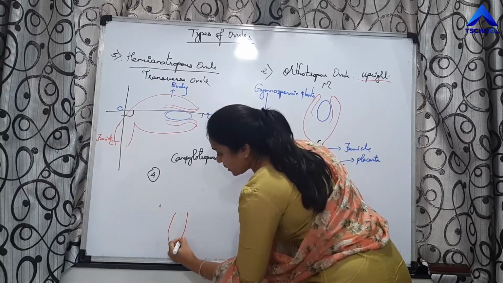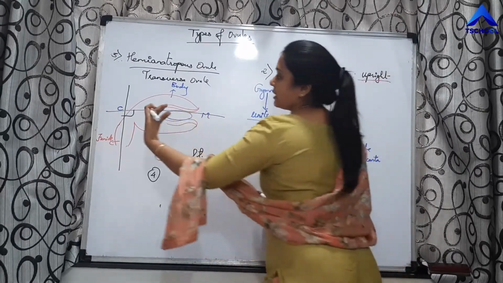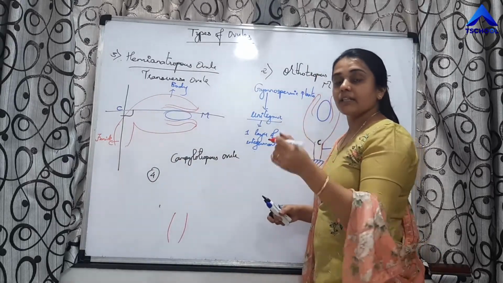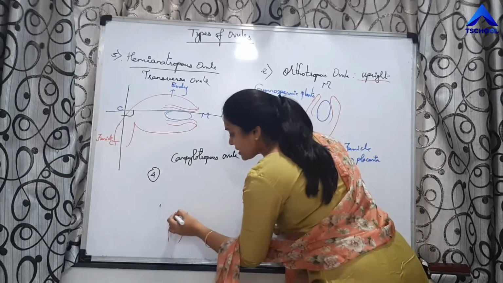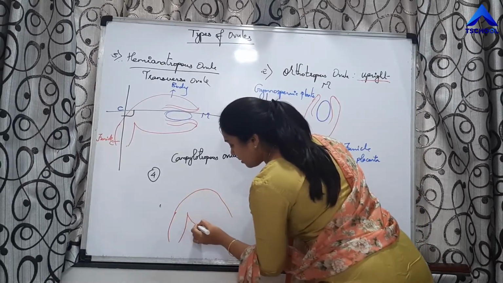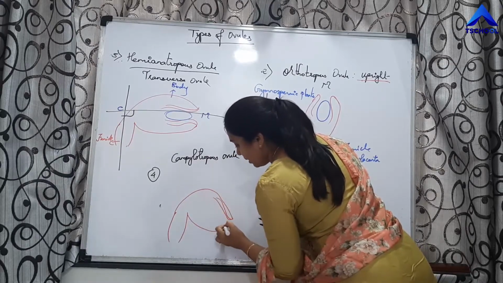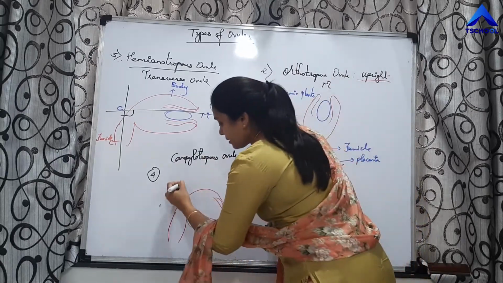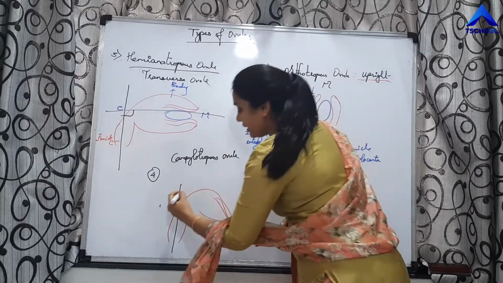If it would be hemianatropous, then the body of the ovule should be at a right angle. If it is anatropous, then the body of the ovule should be completely inverted. But in this case, the body of the ovule is neither at the right angle nor completely inverted, but it is in between, right? Neither is it 90 degrees nor completely inverted.